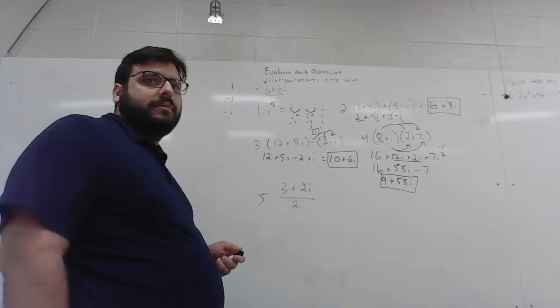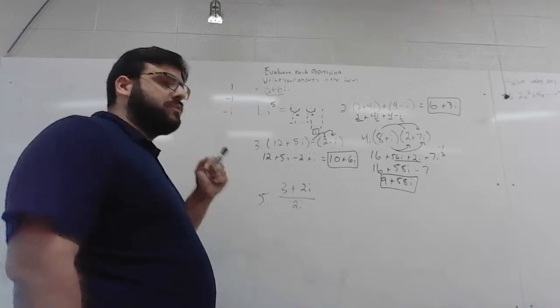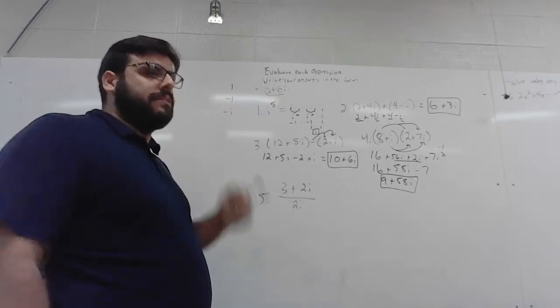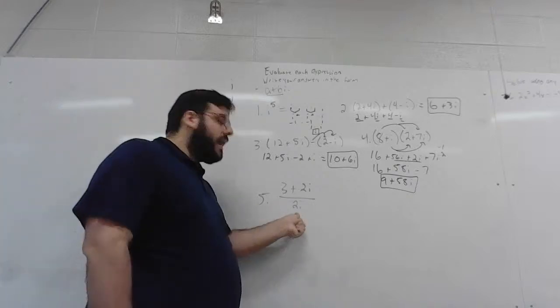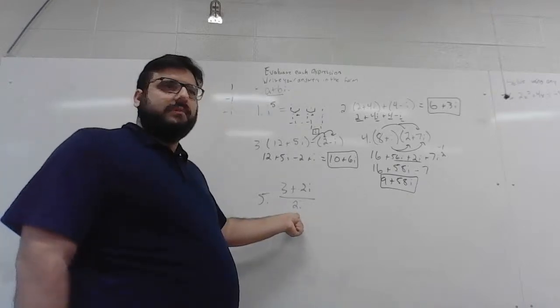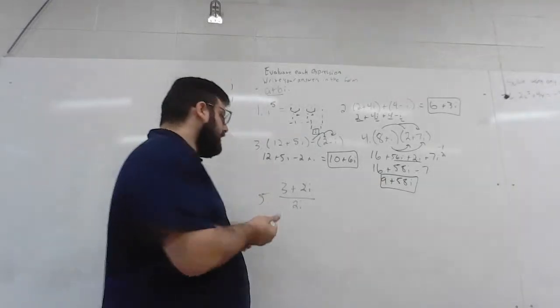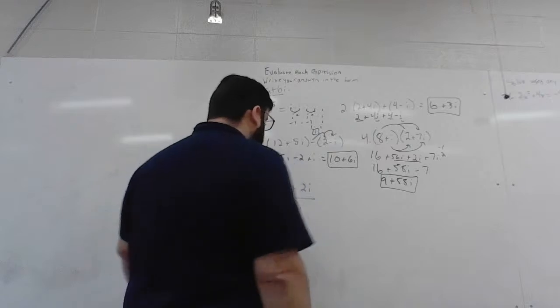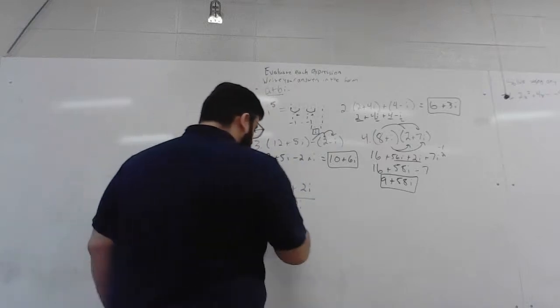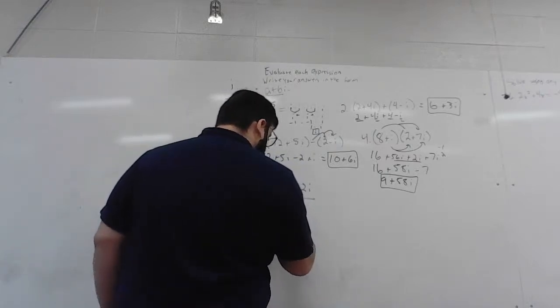Division. When you divide, you have to remember to find the conjugate of the denominator. So 2i is my denominator. If 2i is my denominator, what is its conjugate? Negative 2i, right? Because remember, this is 0 plus 2i, which means its conjugate is 0 minus 2i.